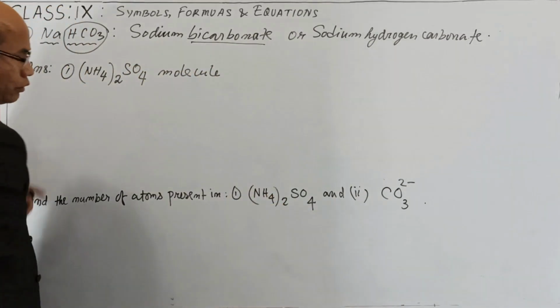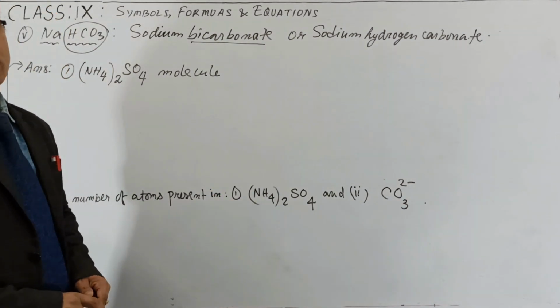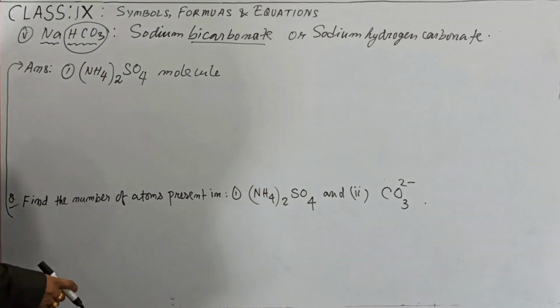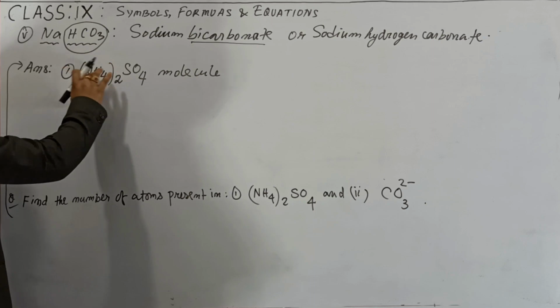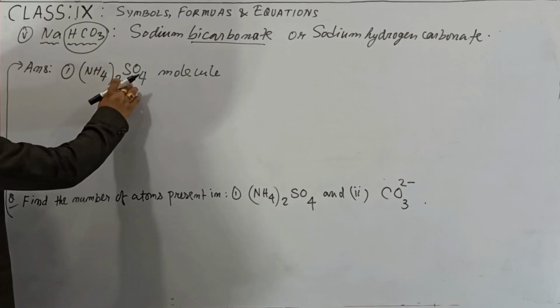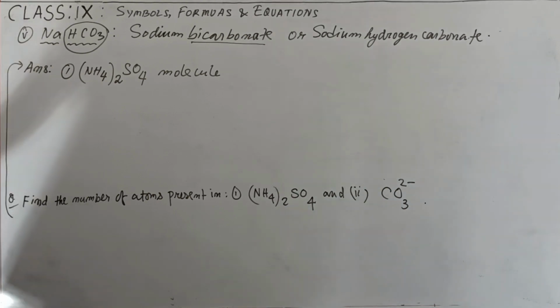This is a molecule, this is not an atom, this is not an element, but this is a molecule of a compound. The name of the compound is ammonium sulfate. This is the chemical formula for ammonium, and this is the chemical formula for sulfate. So you can call it ammonium sulfate.